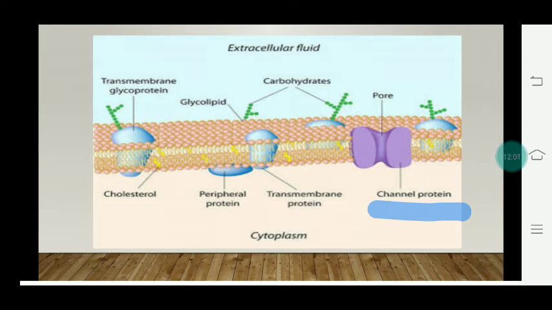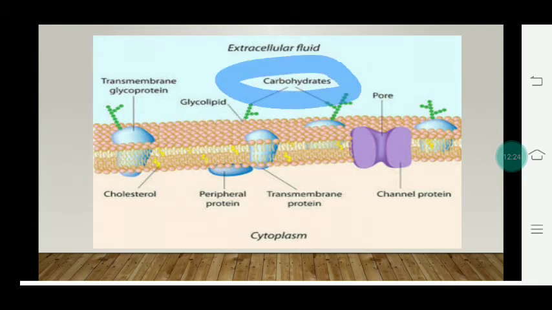Some cholesterol molecules are also in the plasma membrane, and then you know that glycoprotein means carbohydrate bound with protein, and carbohydrate with some lipid molecules are glycolipids. Here you can see the carbohydrate which is bound with the lipid bilayer. So it's the plasma membrane basic structural overview.